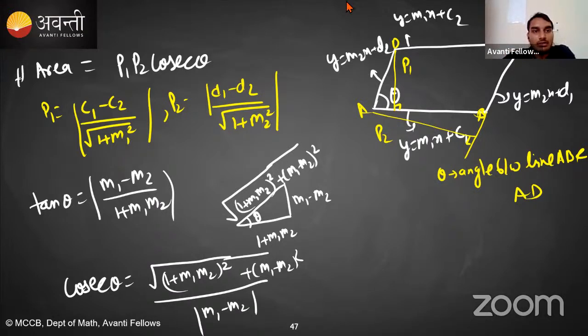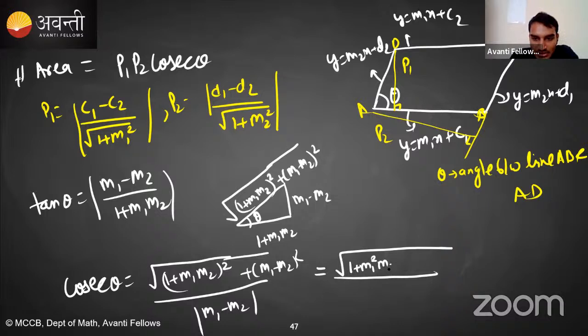Tell me, how many of you have doubt regarding this? No one? Let me know quickly in the chat box. Okay, chalo. If it is clear, expand this: under root of a square plus b square plus 2ab.